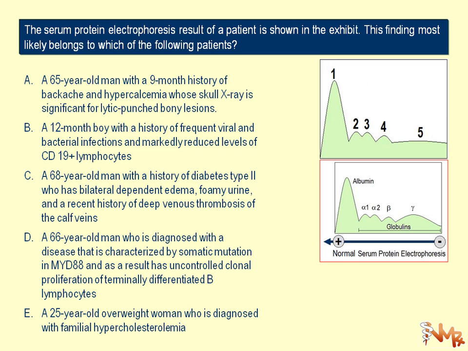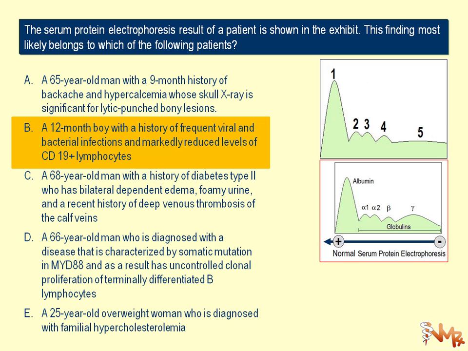As you can see in the diagram, we have a flat amplitude in the gamma globulin position, position number 5. So this patient does not have gamma globulin. Among the given options, the best answer is going to be a 12-year-old boy with a history of frequent viral and bacterial infections and markedly reduced levels of CD19 lymphocytes.